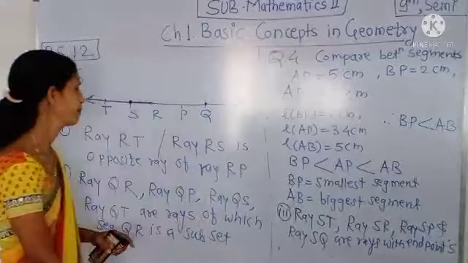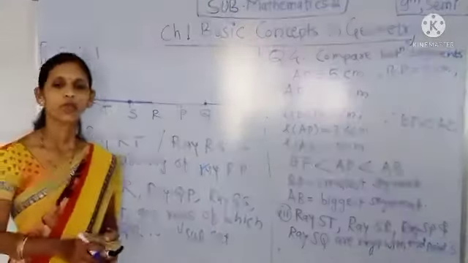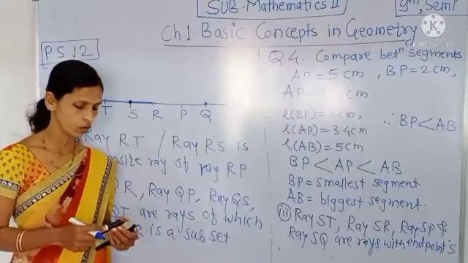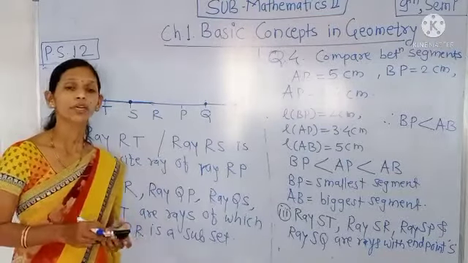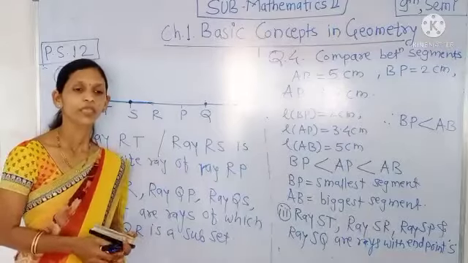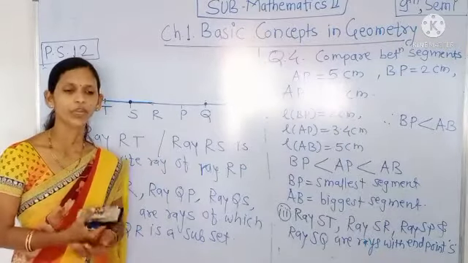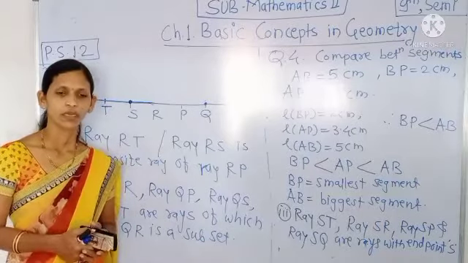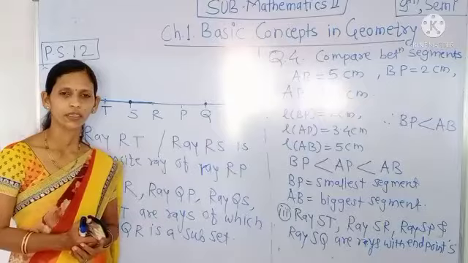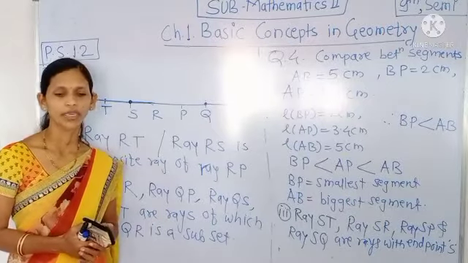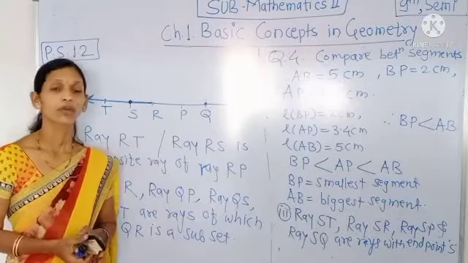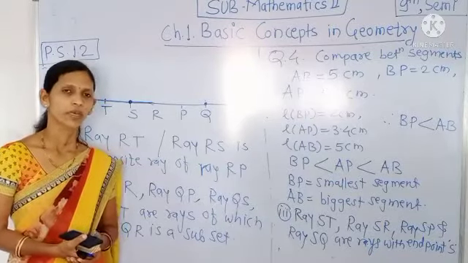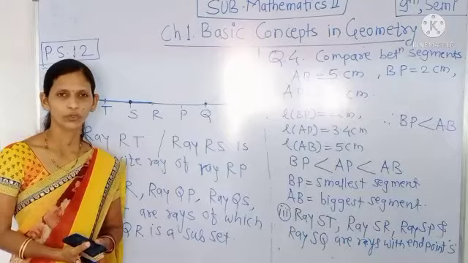That is about a few examples based on the different properties, that is congruent segments, midpoint of segment, comparison between segments, and perpendicularity of line segments, lines or rays, or properties of sets from practice set 1.2.